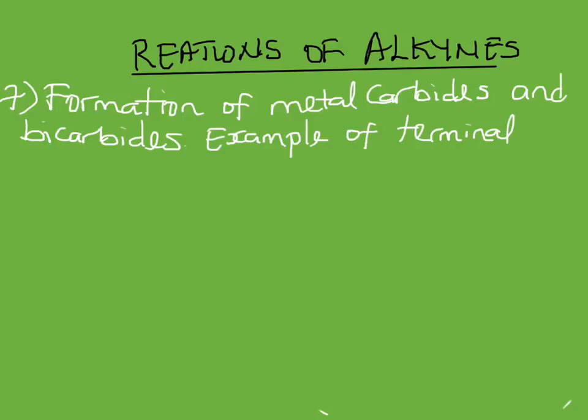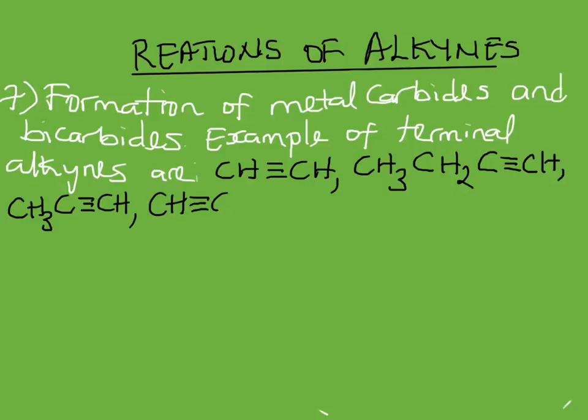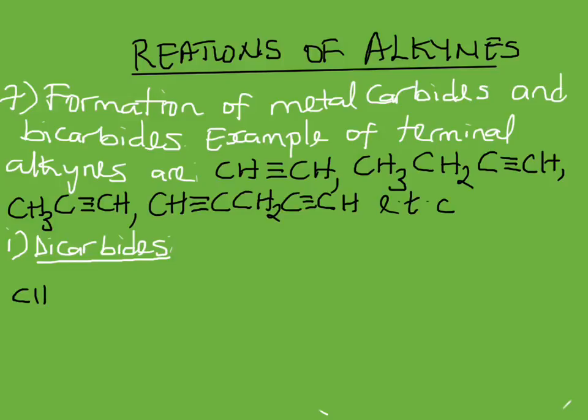Example. Let's look at the example on the board. Examples of terminal alkynes are ethyne, butyne, propyne, and pentyne.